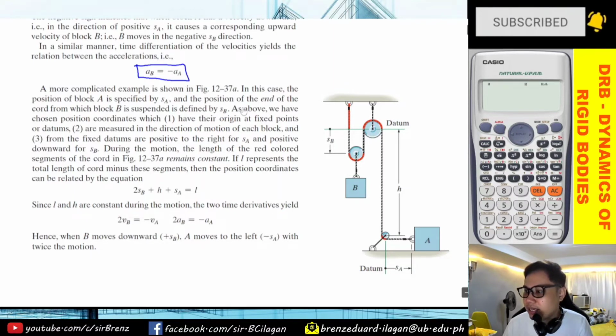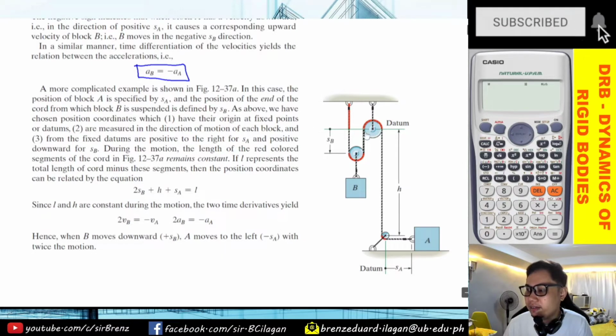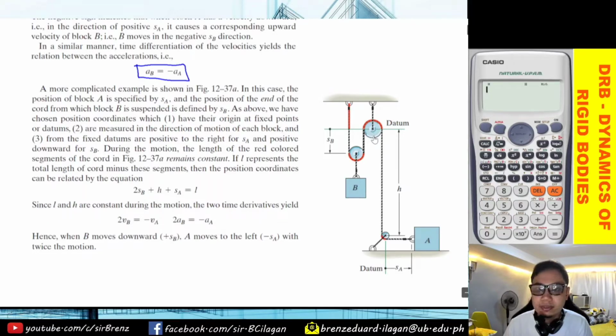So, as above, we have chosen position coordinates which, for number 1, have their origin at a fixed point. Ito nga yung reference datum natin, kung saan itong pulley na to is at reference point. Kasi kung makikita mo, fixed siya dito. So, hindi na to gagalaw.